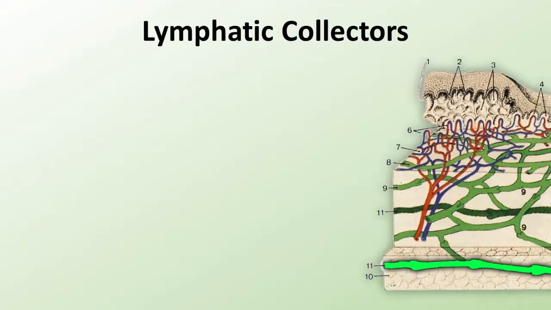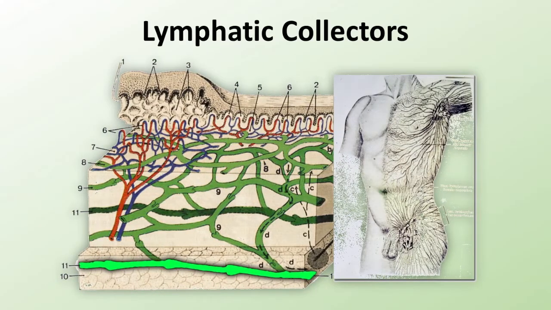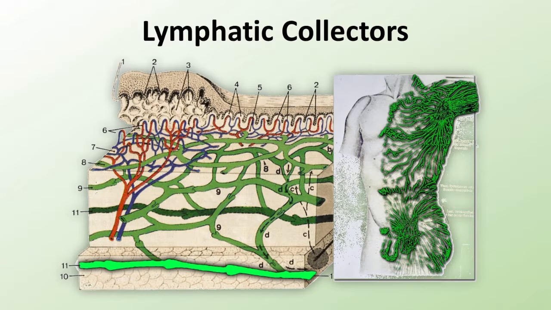So a lymphatic collector, or this larger lymphatic vessel, is where we now start to see our direction of lymphatic flow. Due to gravity, if we didn't have this definitive structure to a lymphatic collector, then fluid would not be able to move. We don't have a centralized pump to the lymphatic system like we do with the cardiovascular system. With the cardiovascular system, we have that pump, we have that pressure that enables the force and that movement of our fluid throughout the system, but the lymphatic system doesn't have that.